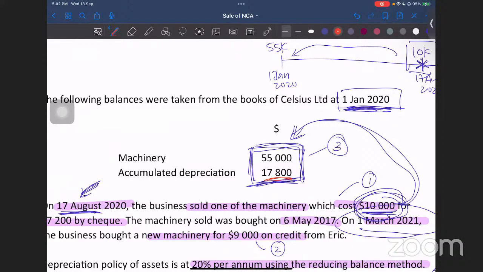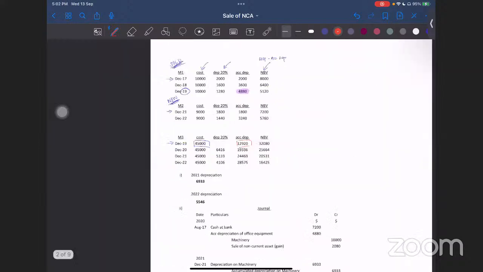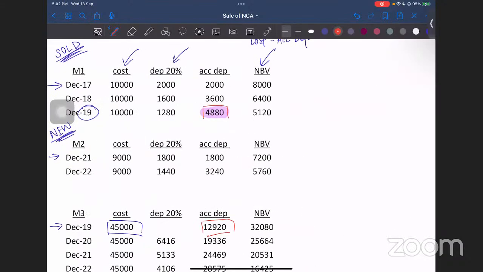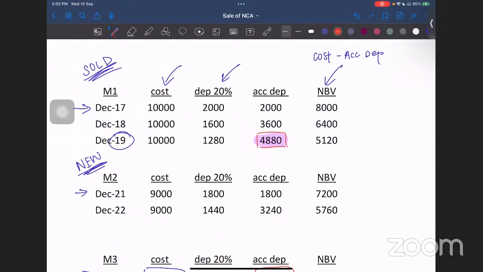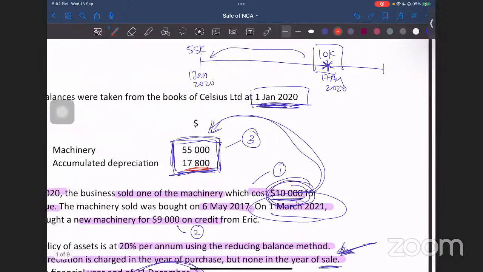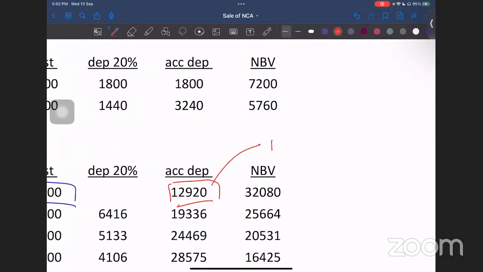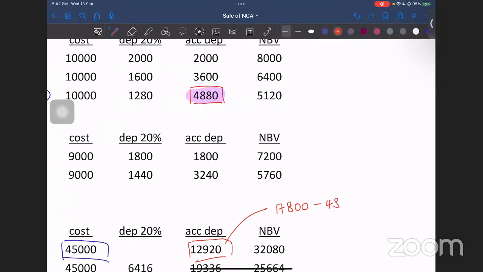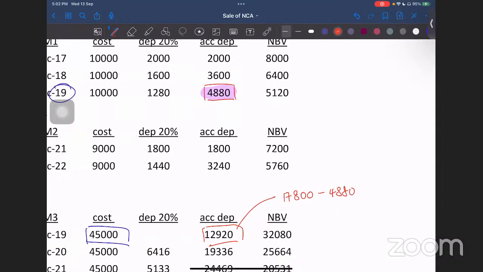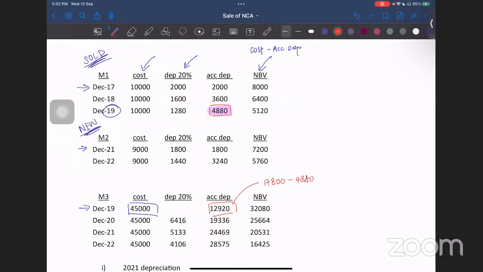Same thing, I need to deduct it out. So I take the accumulated depreciation that I calculated; at the point that I sell, the accumulated depreciation for the one I sold is 4880. So I need to deduct it out also. It will be 17,800 minus 4880. This is how you get the accumulated depreciation for existing equipment.